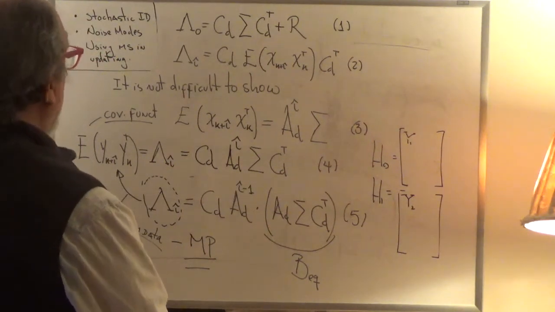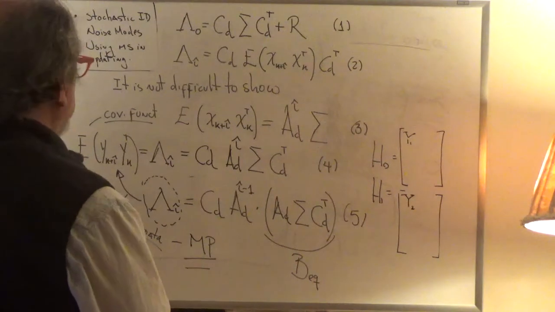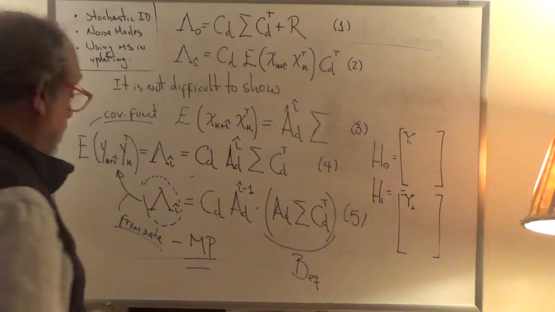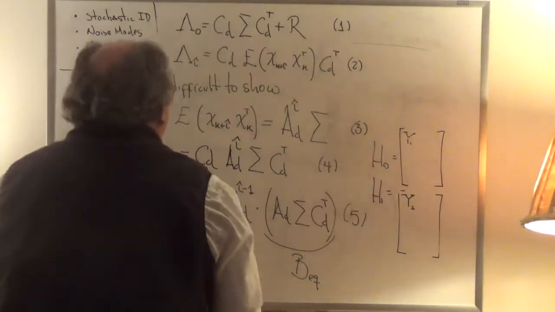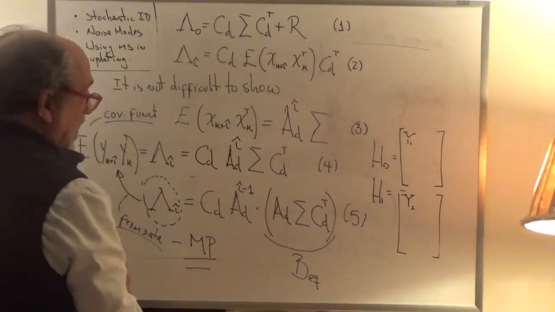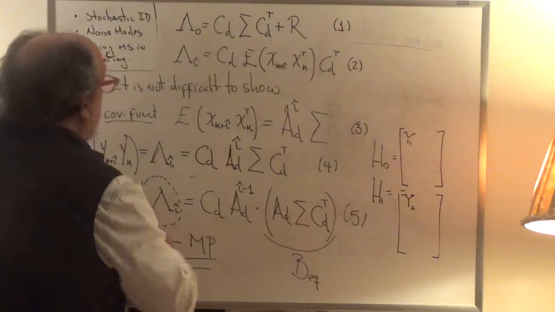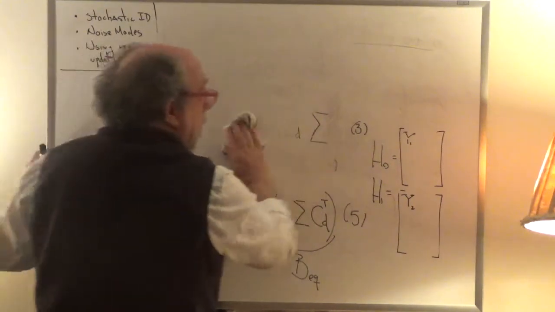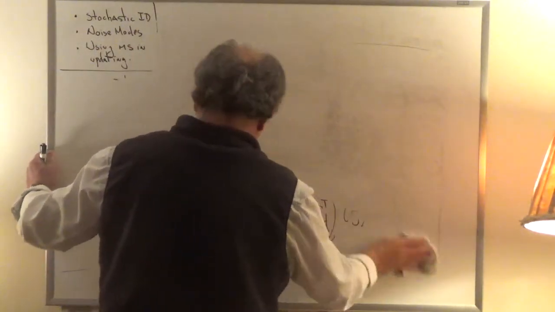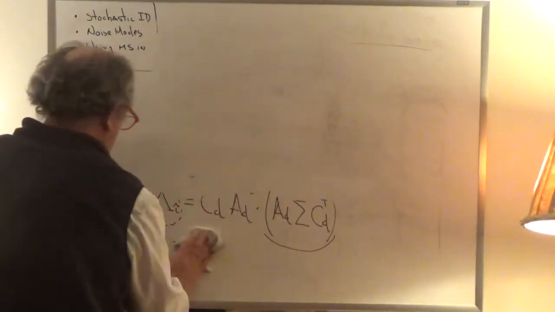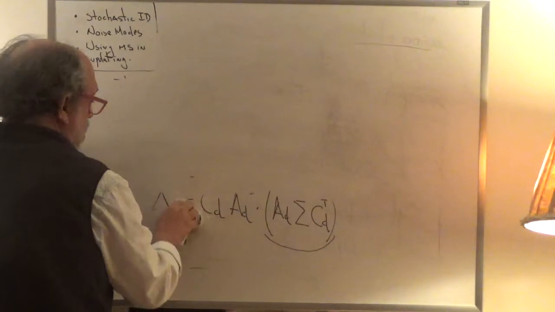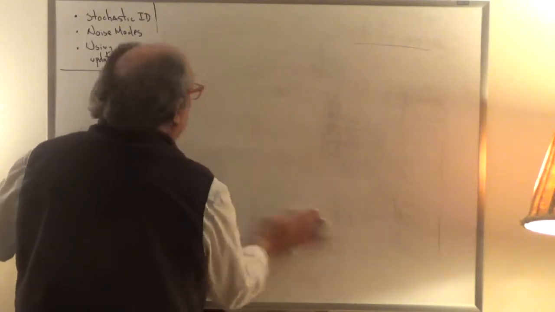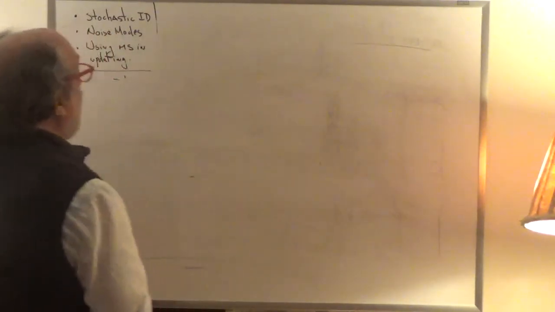Therefore, now let me summarize how the procedure of system identification works in the case of stochastic loading. Let's see what changes.